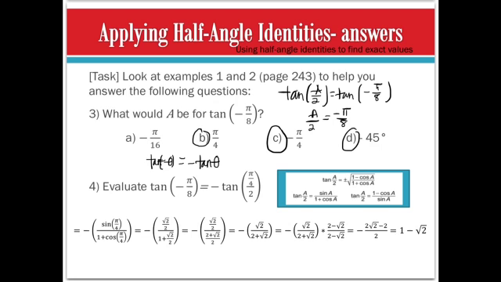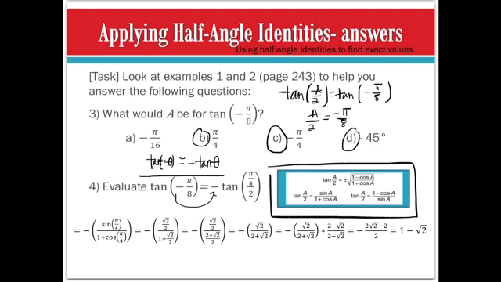Now, when we go down to the next part of the problem, I'm not going to walk you through step by step. You can look at that and ask questions in class, but when I started this, I used this identity right here to start. So notice how I pulled out the negative here, and you can actually use any of your 3 identities in this box here. You can choose which tangent half-angle identity you use, and it doesn't matter, whichever one works best in the situation.